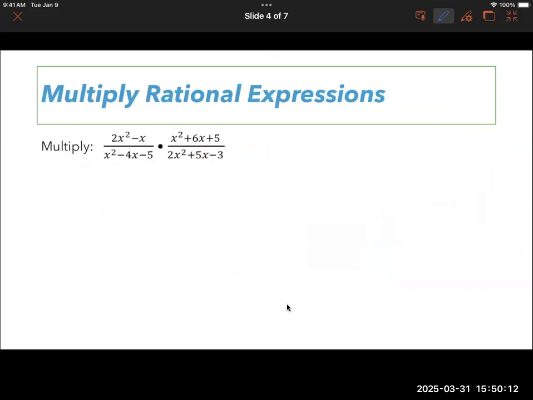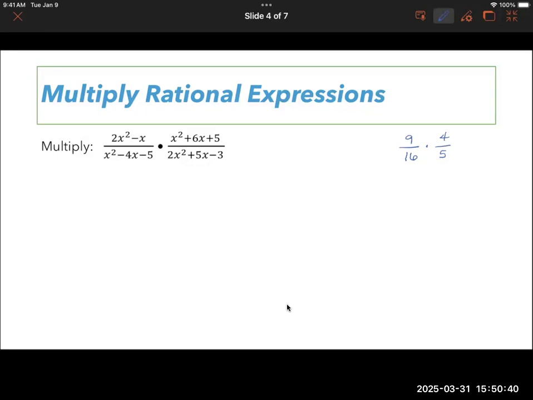Now, for multiplying rational expressions, again, let's think back to multiplying fractions. If we're going to multiply fractions, let's say we want 9/16 times 4/5. One of the tricks that we've done in the past is that we can cross cancel any common factors.